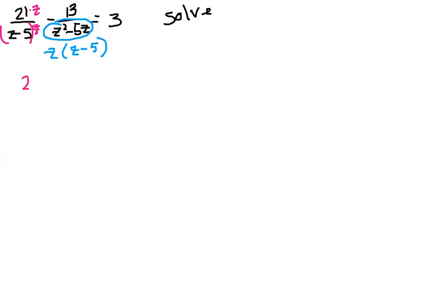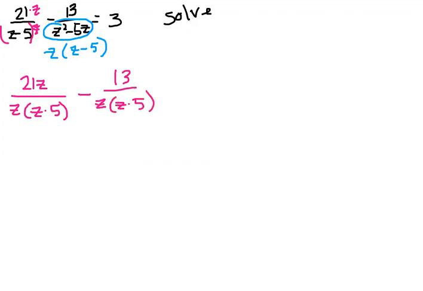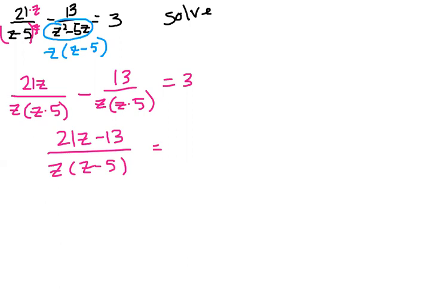So what we have now is 21z over z times z minus 5, minus 13 over z times z minus 5, equals 3. A common denominator exists now between these two fractions on the left, so we're going to simply subtract across the top: 21z minus 13 all over z times z minus 5 equals 3.